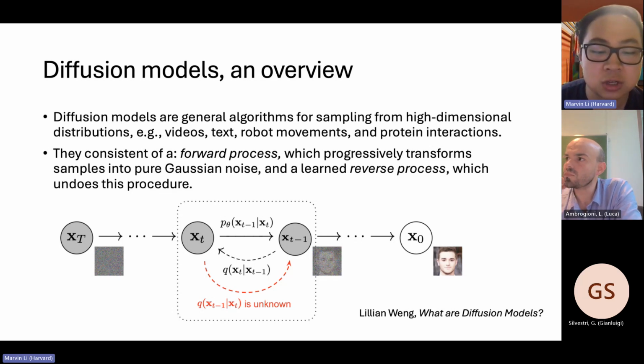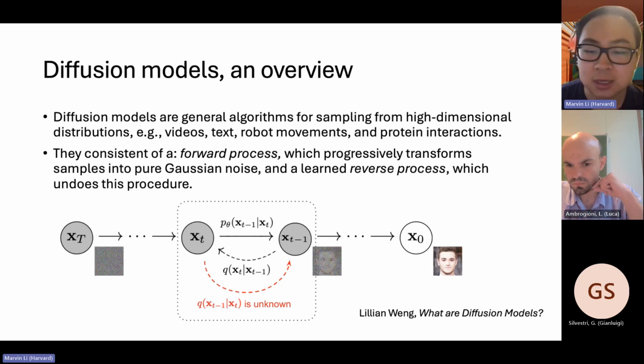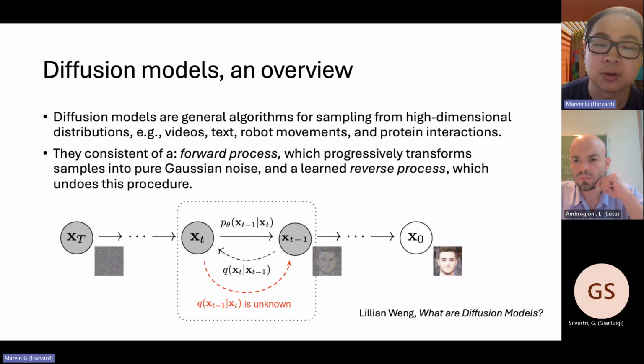In general, they consist of a forward process which progressively transforms samples into pure noise, and a reverse process which undoes this procedure. From this diagram, we start with an image, and then we progressively add more and more noise.